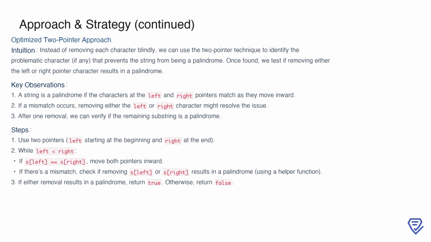If we encounter a mismatch, we test whether removing the left character or the right character resolves the issue. We do this by checking if either of the resulting substrings, after skipping one of the mismatched characters, forms a palindrome. This targeted approach avoids redundant work by focusing only on the problematic area of the string. By using a helper function to verify these substrings, we can efficiently determine whether the string can become a valid palindrome with at most one removal.